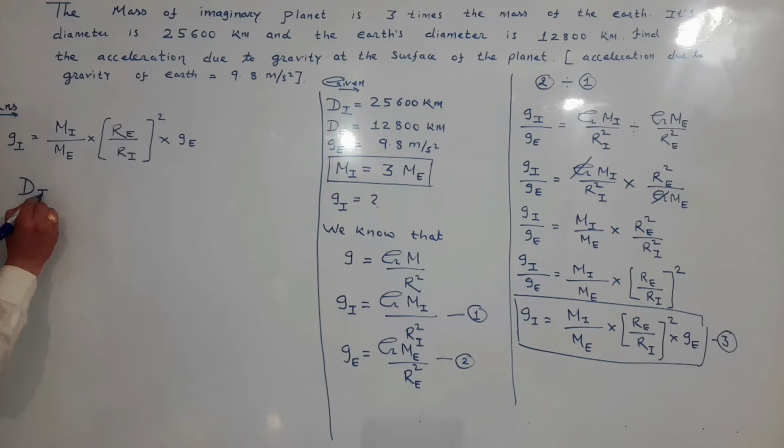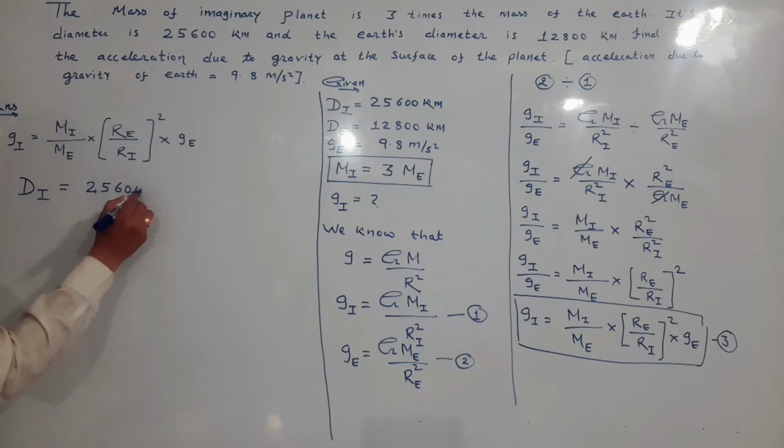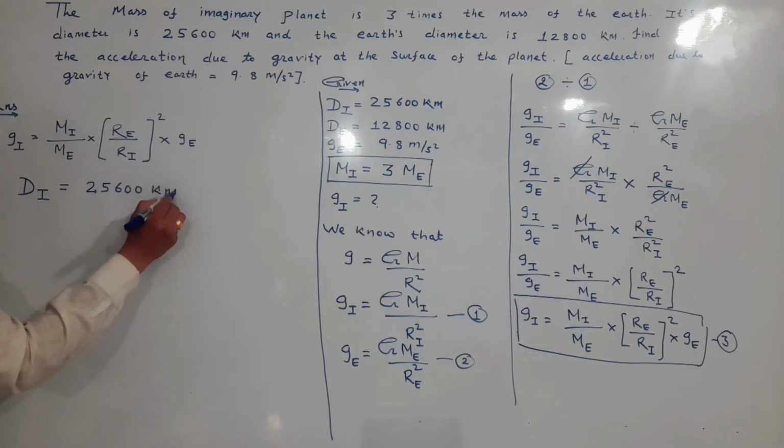The diameter of an imaginary planet is given to us, that is Di is equal to 25600 kilometer.